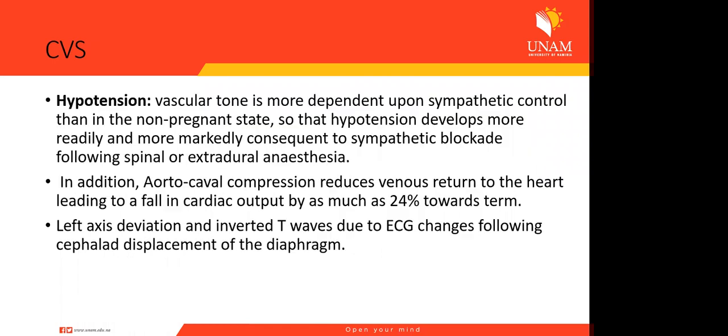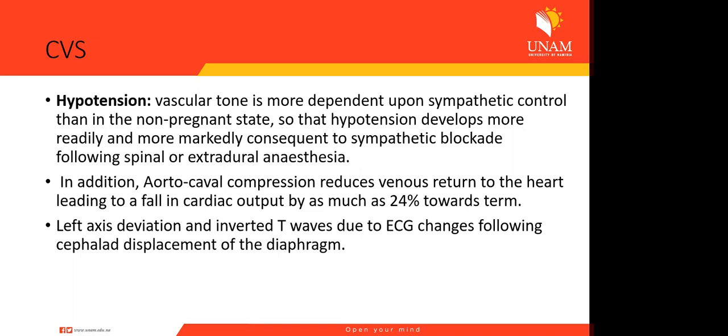Hypotension and systemic vascular resistance: vascular tone is more dependent upon sympathetic control, and this is very important, and that's why spinal-induced hypotension becomes very marked during pregnancy. In addition, aortocaval compression, which tends to reduce venous return to the heart, may lead to a fall in cardiac output of as much as 24% at term.